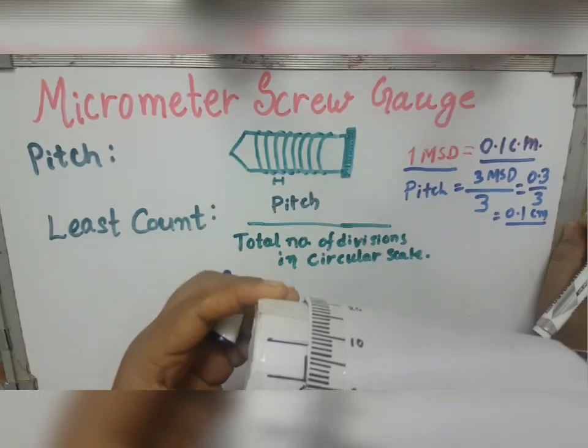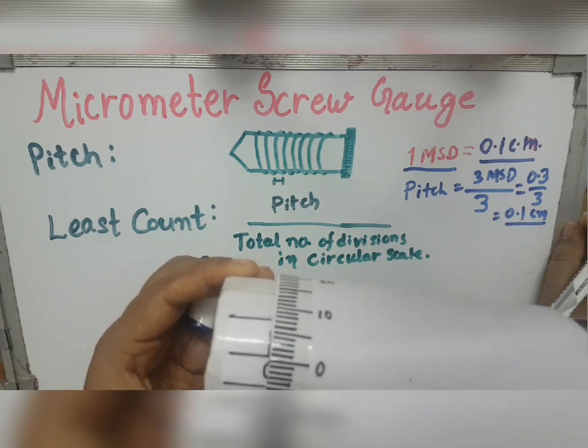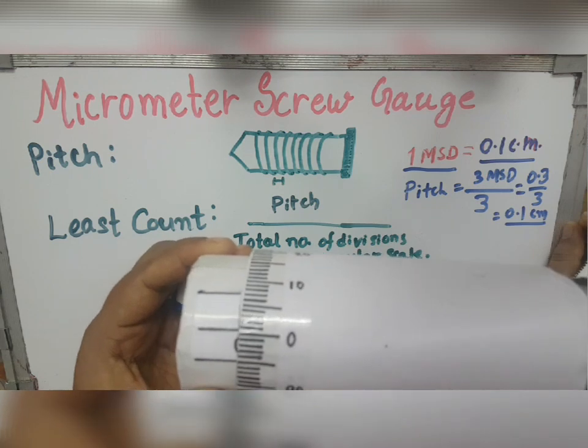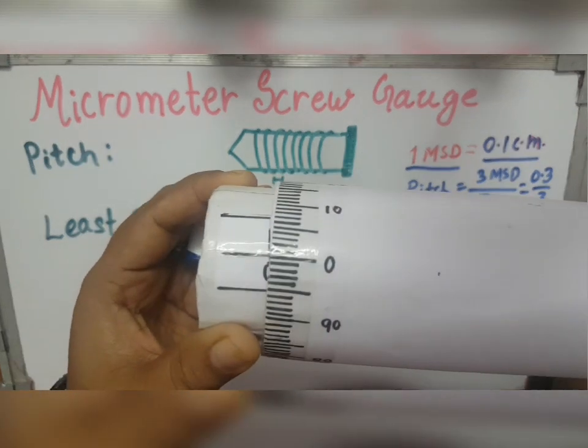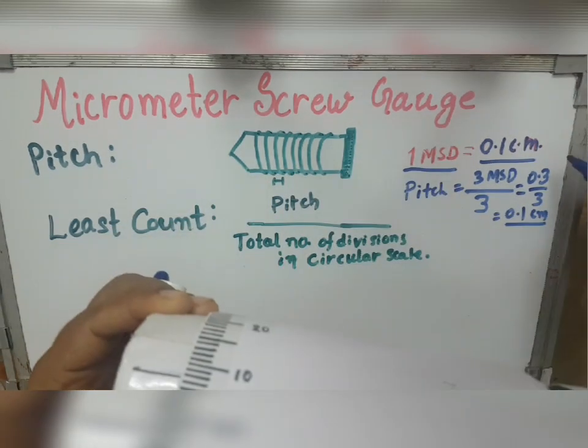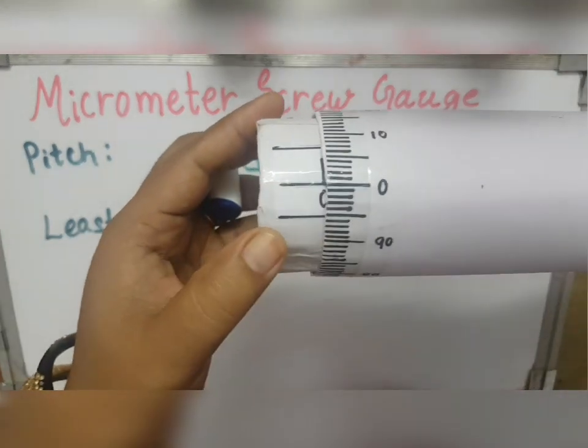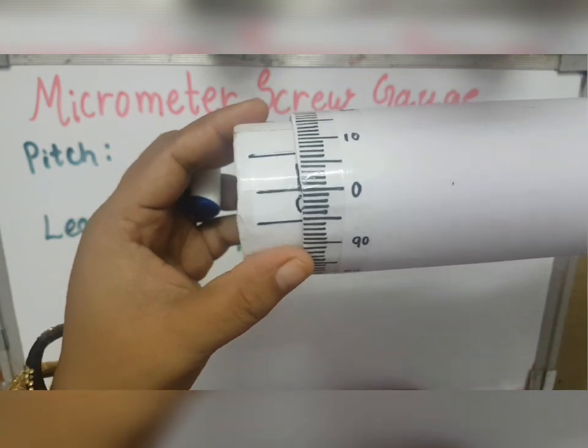However, we can have different pitches for micrometer screw gauge in different constructions. But here in this model, I have stuck to this particular construction, where the pitch is equal to 0.1 centimeter.